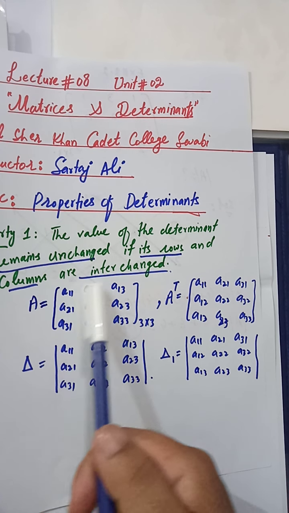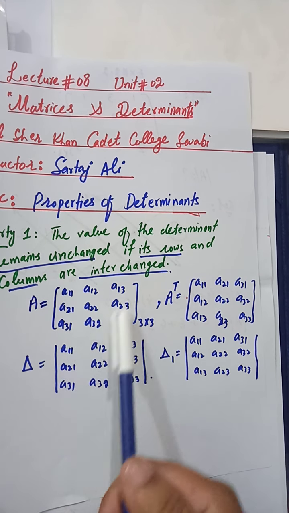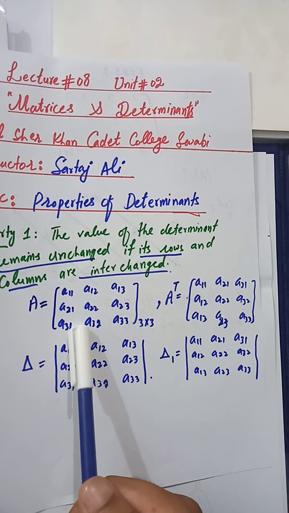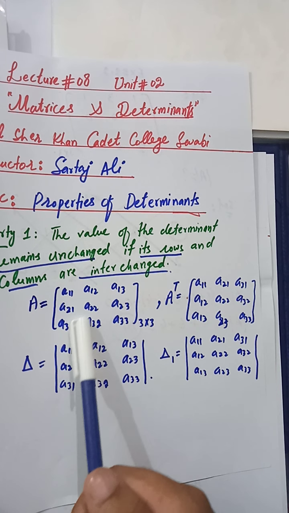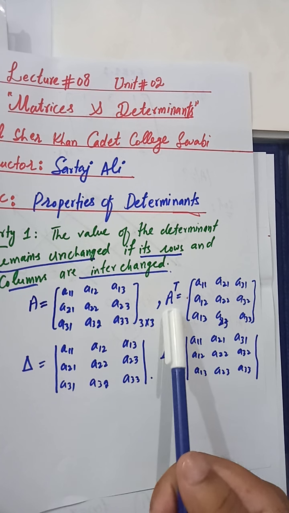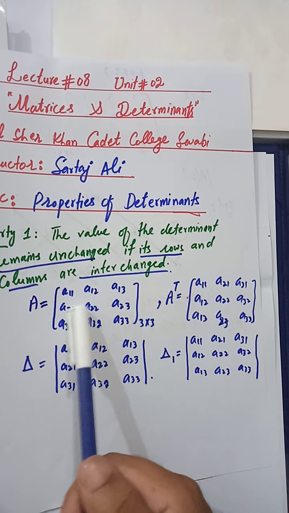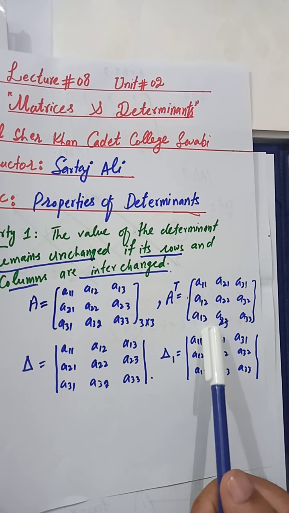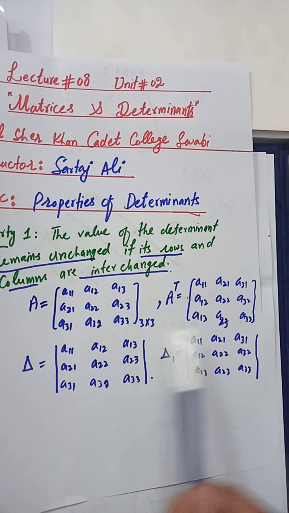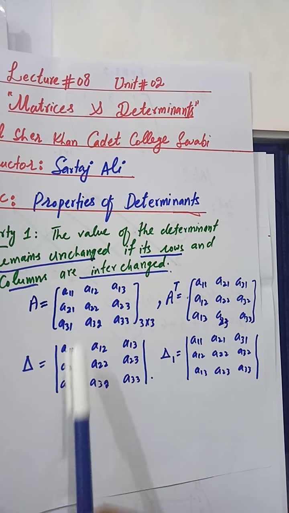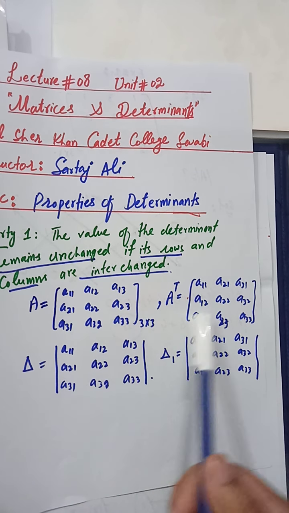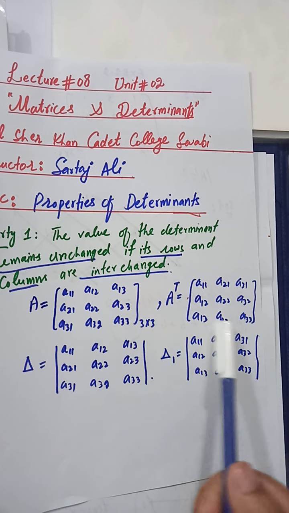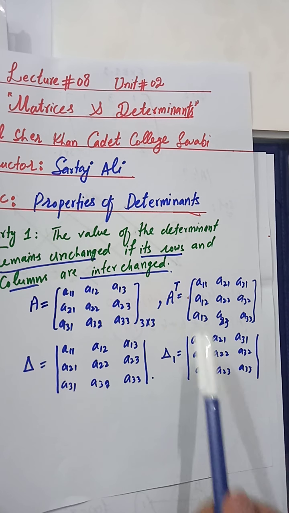If you interchange the rows and the columns, that is, take the transpose, the first row is converted into the first column, the second row into the second column, the third row into the third column, and the first column is converted into the first row, the second column into the second row, the third column into the third row. This is the definition of a transpose.